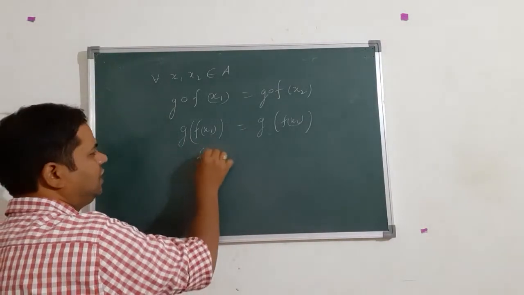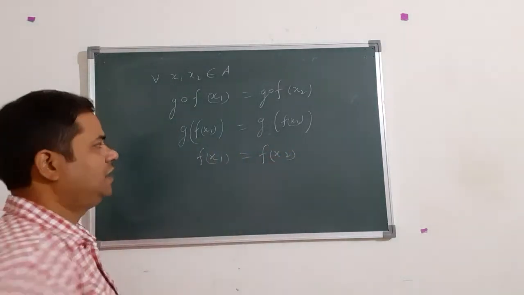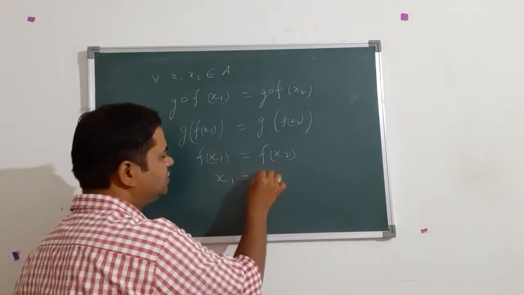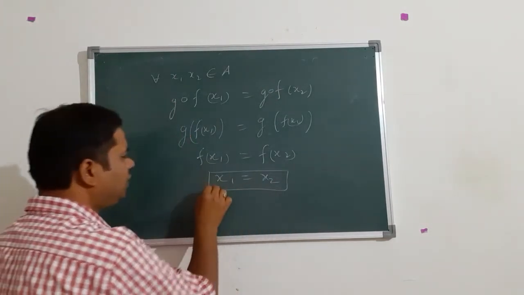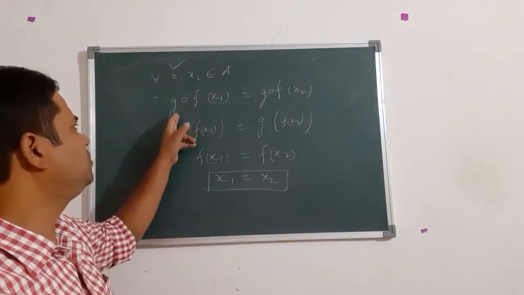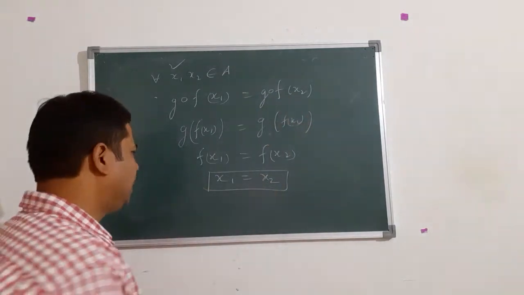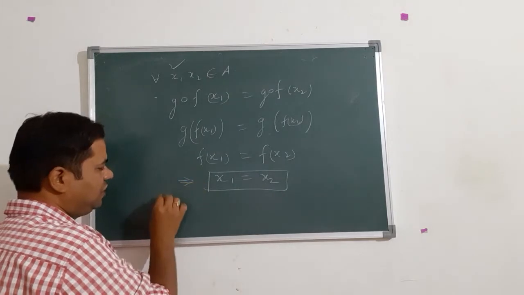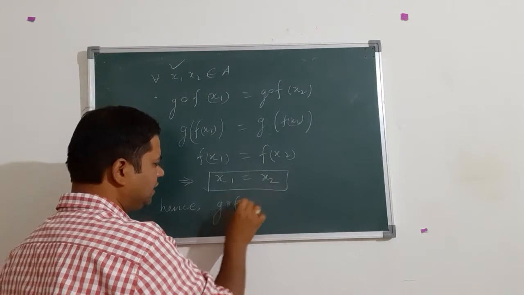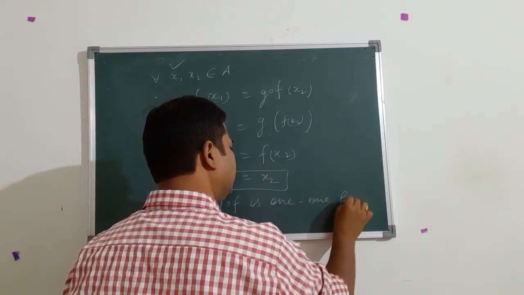That's why f(x1) is equal to f(x2). And you know very well f is also one-one. So this is nothing but x1 is equal to x2. So for each x1, x2 belonging to A, we have to show f composition g of x1 equal to f composition g of x2 must imply x1 is equal to x2. Hence, f composition g is a one-one function.